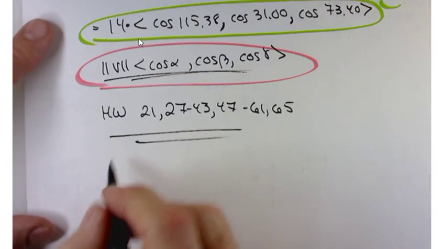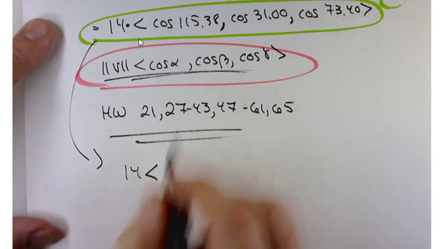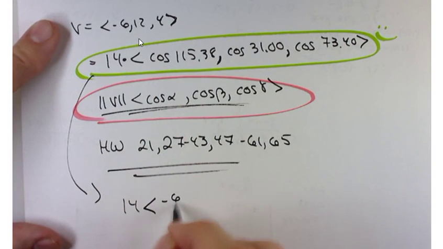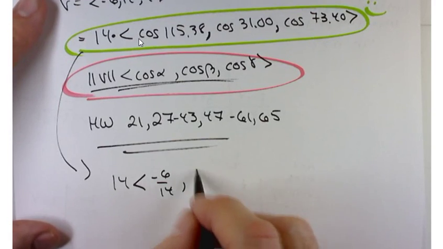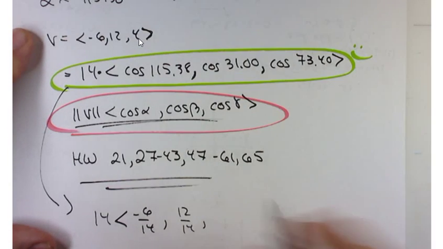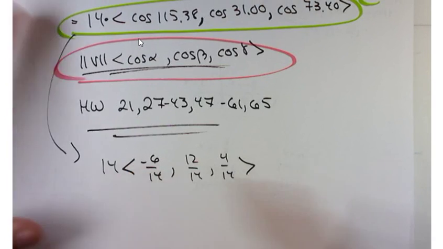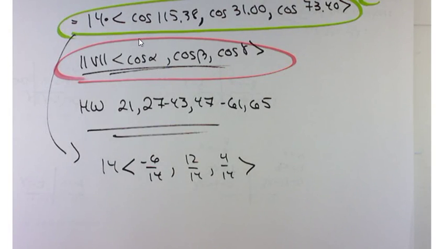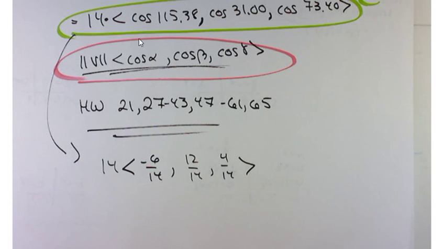So rewriting this, that'd be 14 times the cosine of that, which is negative 6 over 14. The cosine of this one is 12 over 14. And the cosine of this one is 4 over 14. If I distributed that, then I get what I started out with. So it's a different way to write it, but it's allowing you to get your hands on those angles.